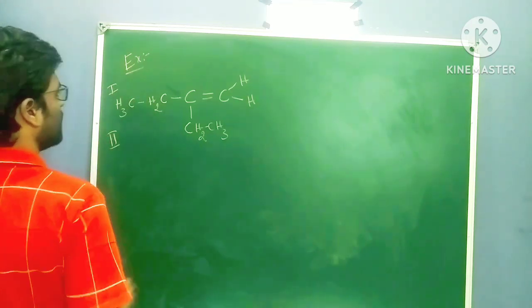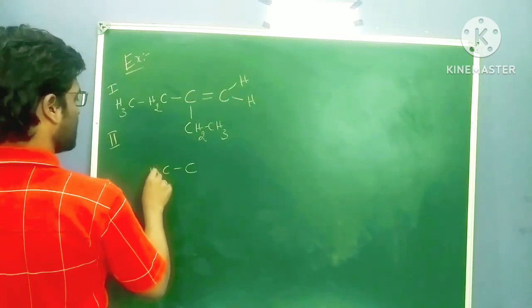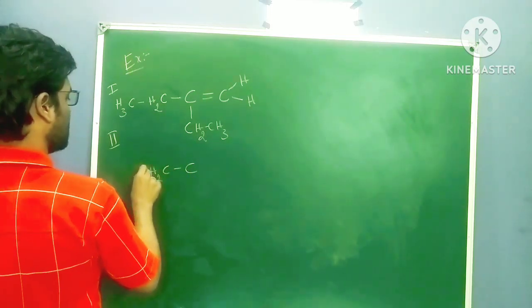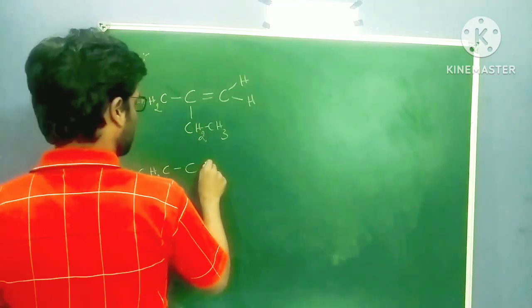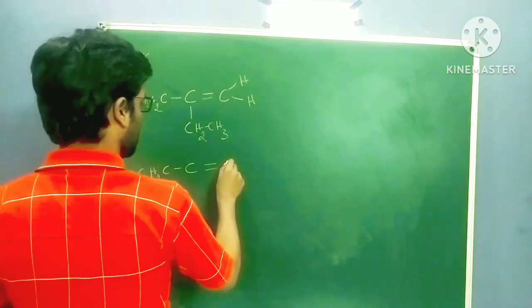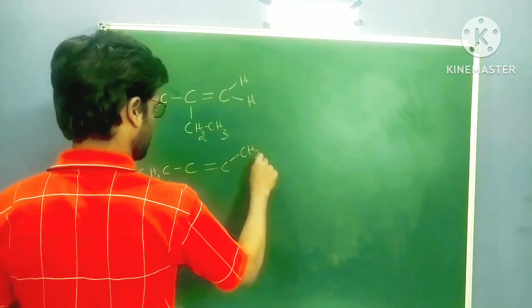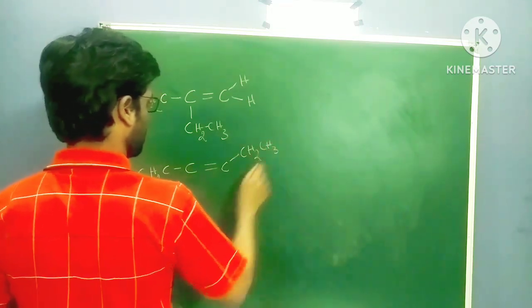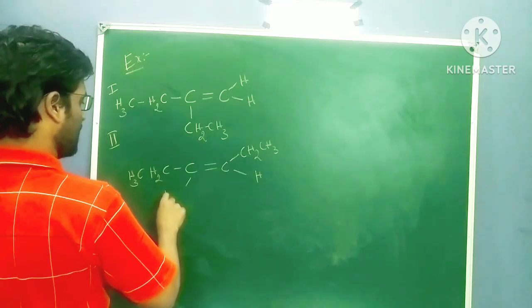Second example: here again carbon, CH2CH3 and CH2CH3, here hydrogen, here hydrogen.